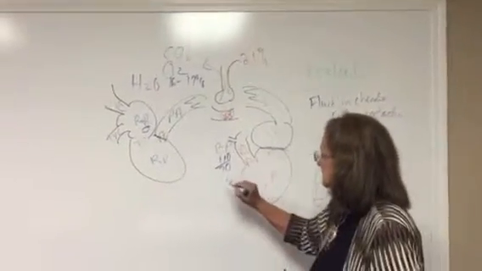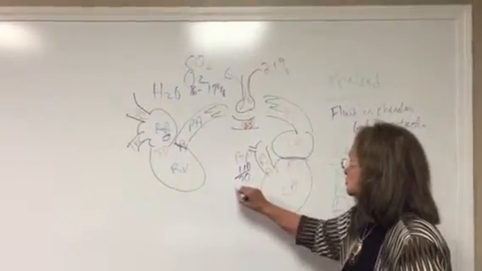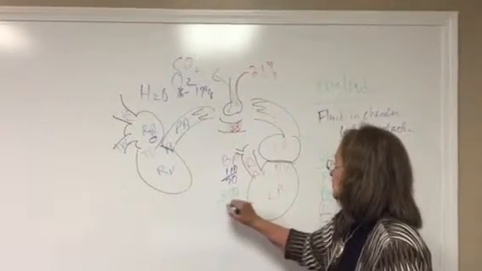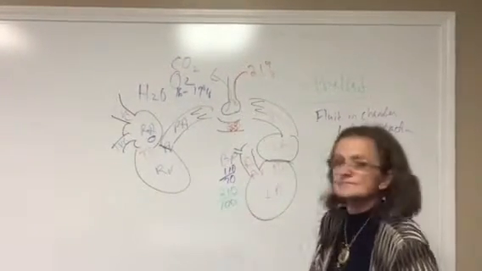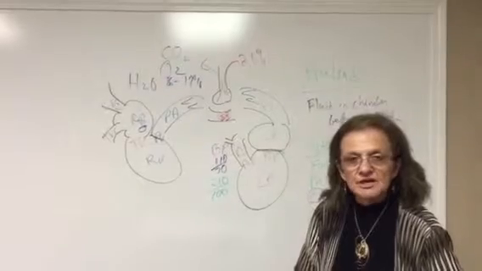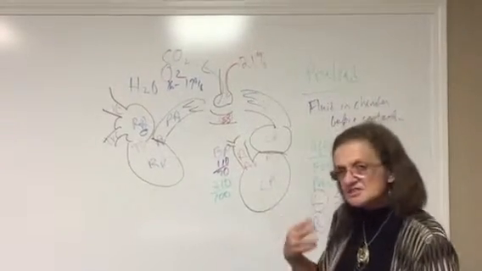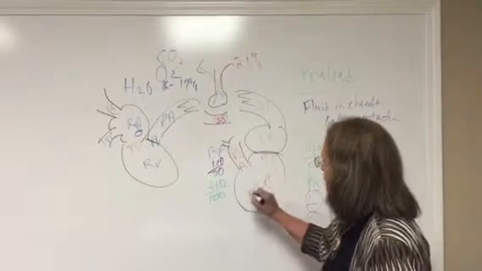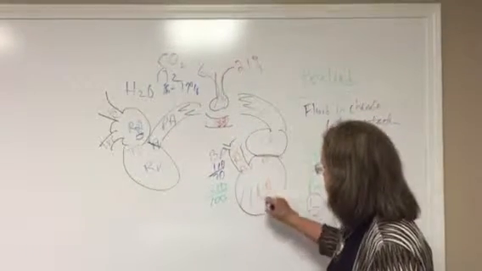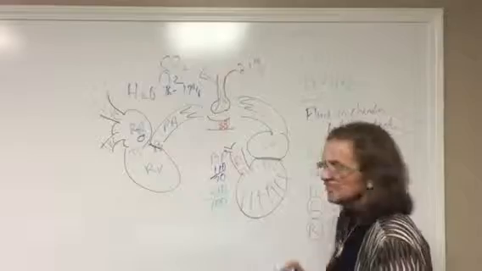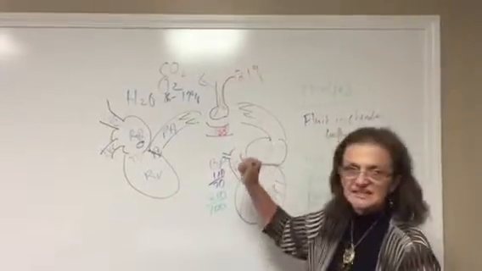Let's just say this blood pressure went to 210/100. Look at the work that that left ventricle has to do, because the heart is only a muscle. What happens is this left ventricle has to get thicker to pump against that resistance.